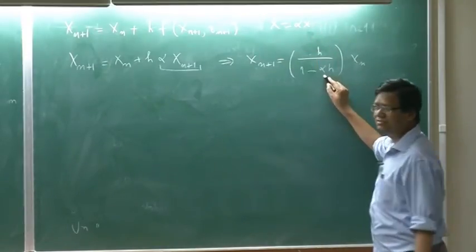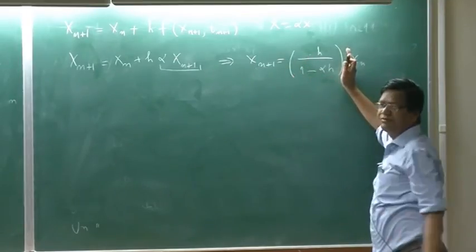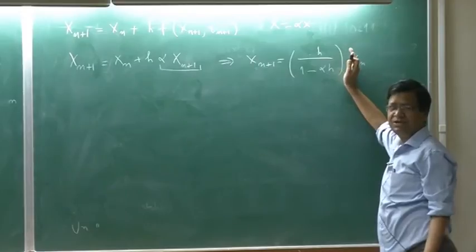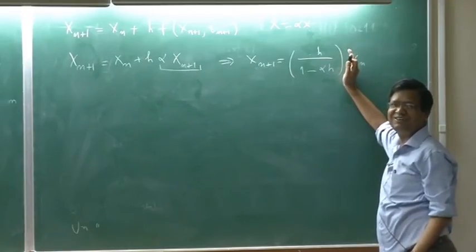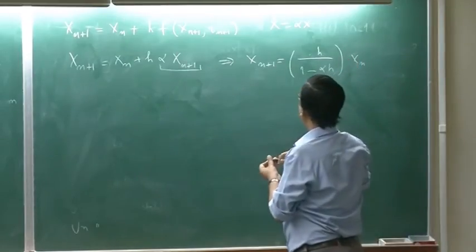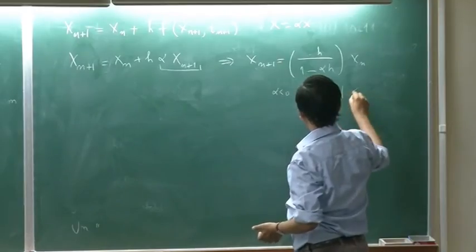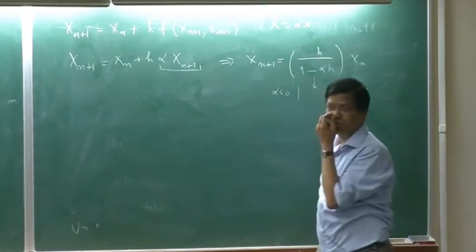Alpha is negative, so whatever h I choose, this quantity is less than 1, right? It's guaranteed to be less than 1 as long as alpha is negative. So for alpha negative, this object's modulus is always less than 1.